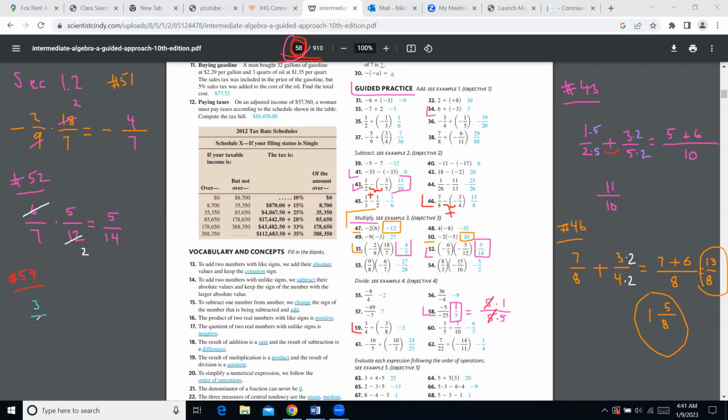So if you have 3/4 divided by -3/8, then what you can do is flip that -3/8 and write it as -8/3. So instead of dividing, now you will be multiplying. The point of the story is division is the same as multiplication by a reciprocal.